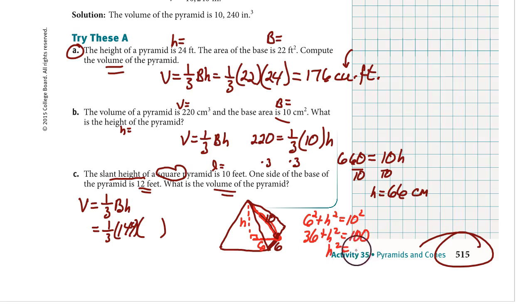Subtract 36, you get 64. And now the square root, you get 8. So the height of the pyramid is 8. We didn't know the height to begin with, but we used the Pythagorean theorem to find it. Now go 1/3 times 144 times 8. The result is 384 cubic feet.